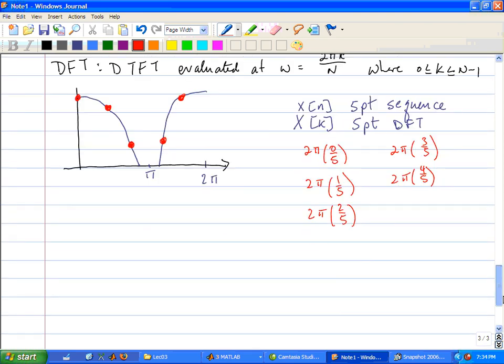What I've done is I've just given you the relationship between the DTFT and the DFT.